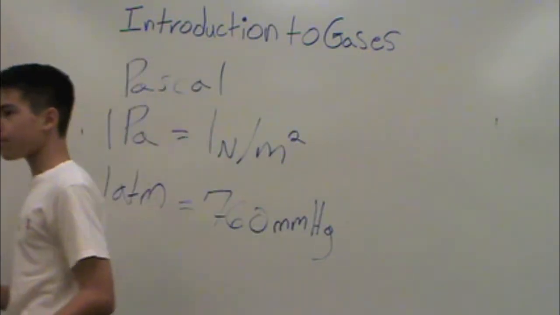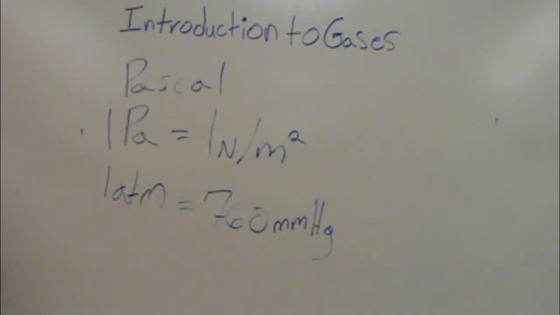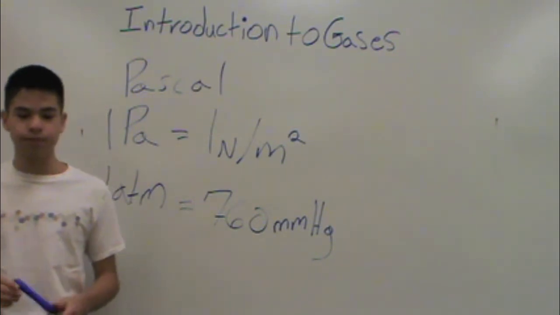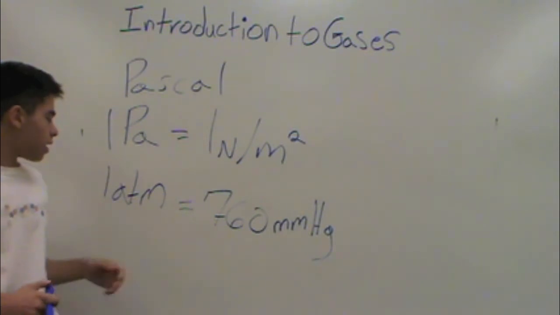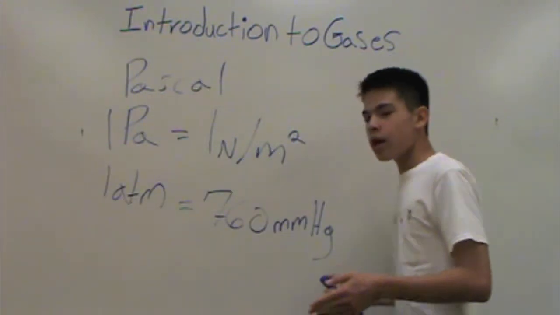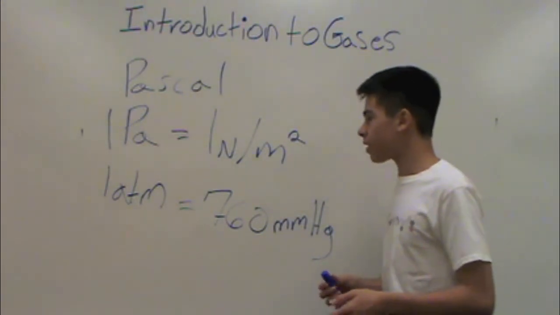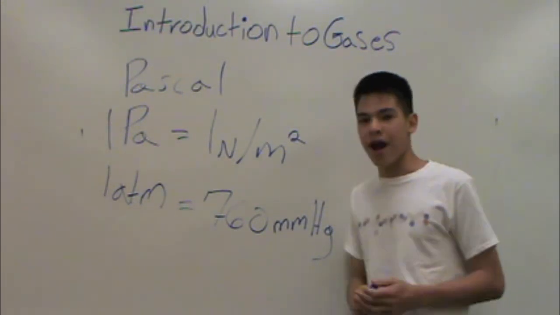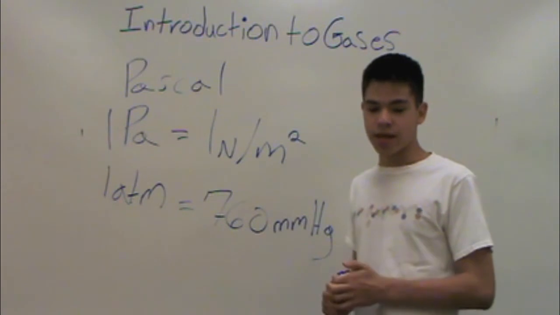So 1 atm is standard atmospheric pressure, what you'd be at like sea level. So the millimeter of mercury, however, is still used a lot, but in the gas equations that we're dealing with, we don't typically use it, and you have to convert to atm.